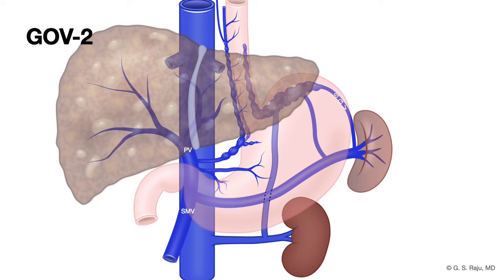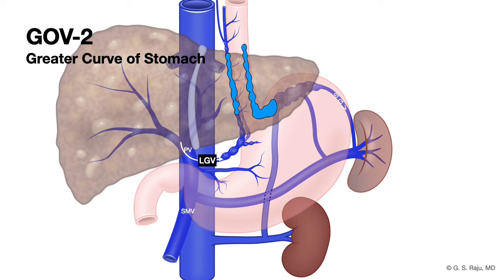How about gastroesophageal varices 2? They are located in the greater curve of the stomach and extend into the esophagus. These GOV2 varices have a little bit of a complicated supply.